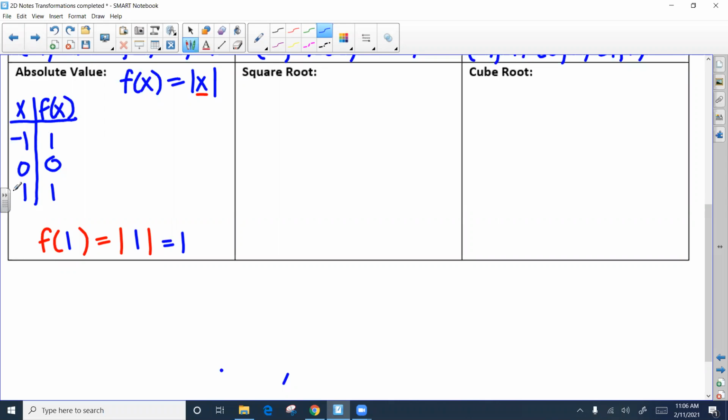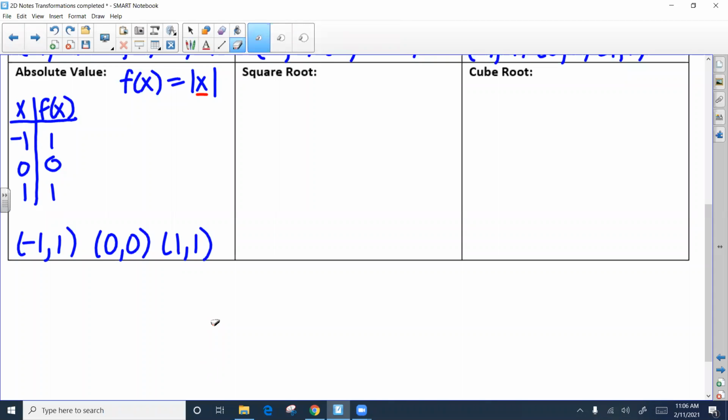Okay, so these are our coordinate points on our absolute value function. -1, 1, 0, 0, and 1, 1.